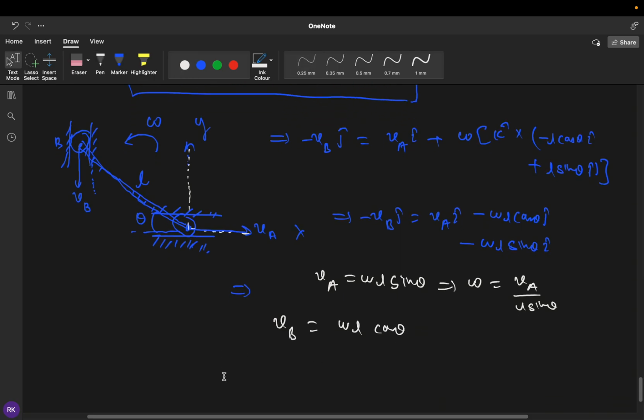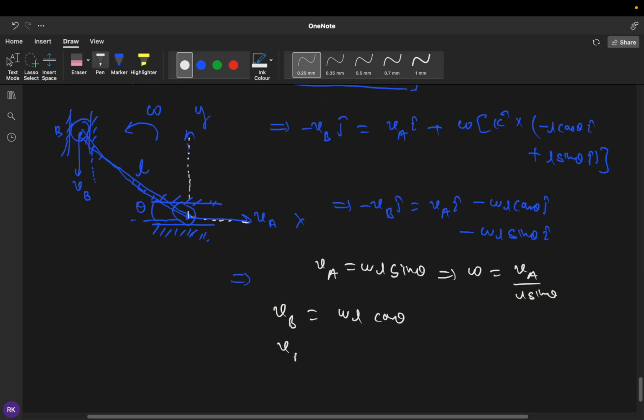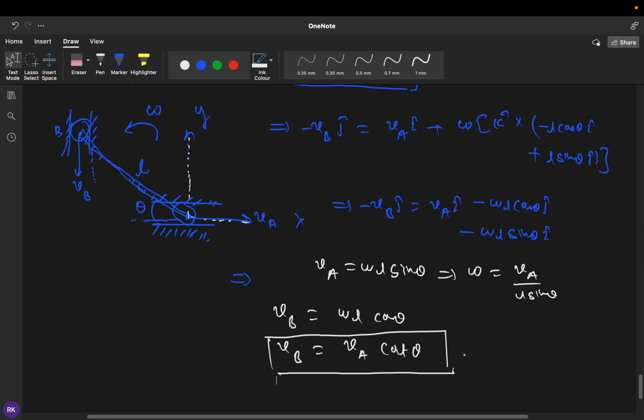Now substitute omega as this, you will get VB equal to VA, and L will be cancelled out, that will become VA cot theta. So which means that if you want to determine omega at this instant, if you have the velocity of this roller, then you can easily get it by this equation.